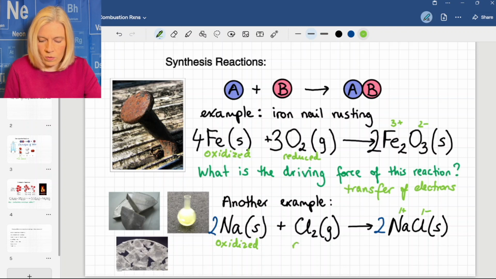And chlorine is reduced, it gained electrons. So these are great examples of synthesis reactions. You will have a metal reacting with a nonmetal to form an ionic compound. And again, the driving force for this reaction is also transfer of electrons.